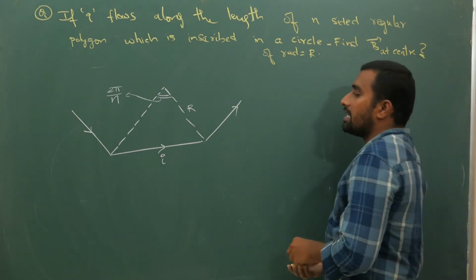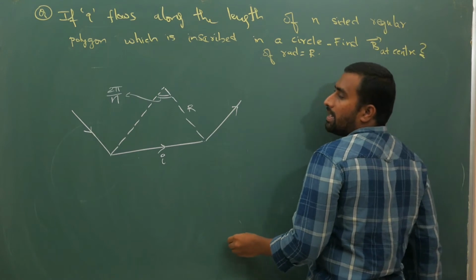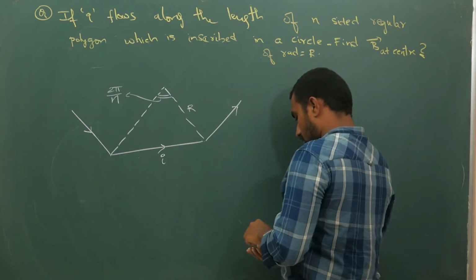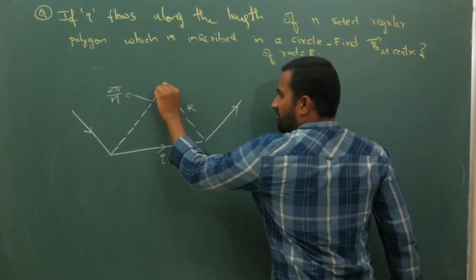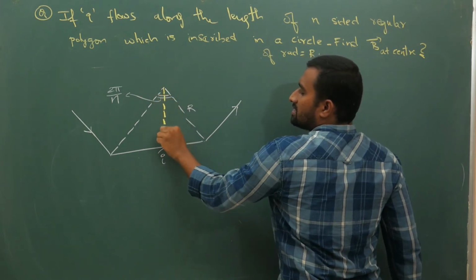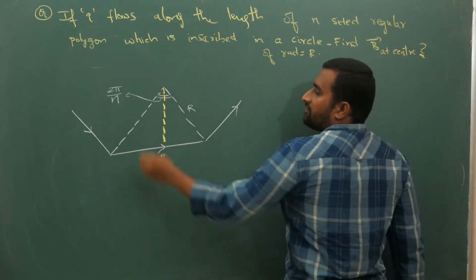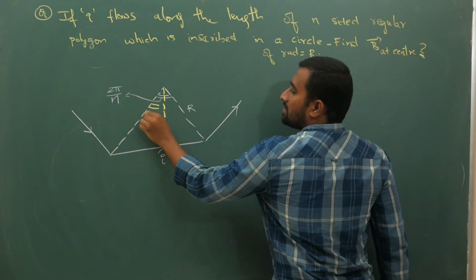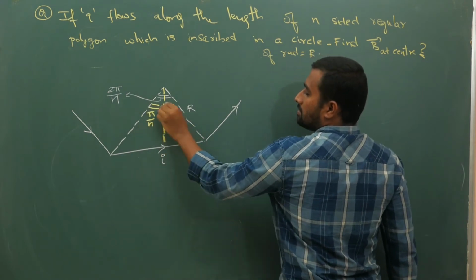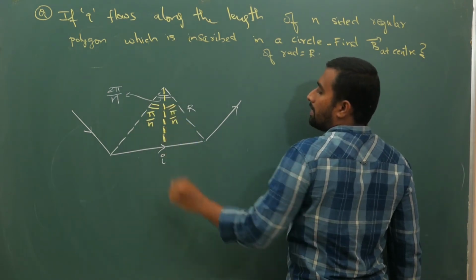Now if you want the magnetic field because of this wire, the distance from here to here is required. If the total angle is 2 pi by n, this angle will be pi by n, and this side the angle will be pi by n.